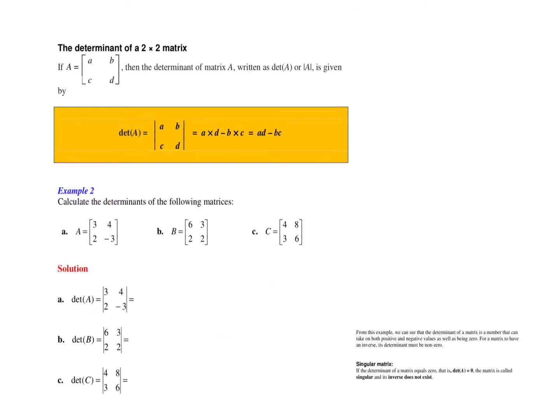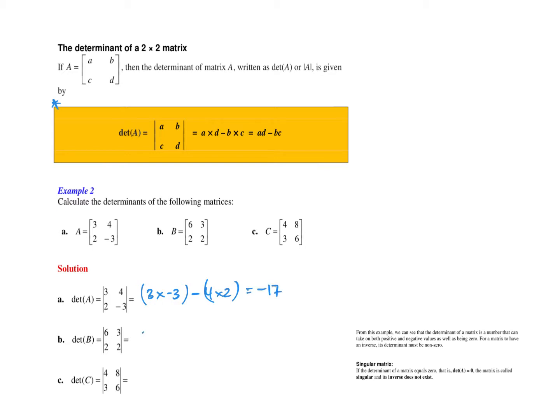Okay, so we've worked out this is our basic rule for the determinant of a 2 by 2. There are a few other examples to work out. The determinant of this first matrix is 3 times -3 minus 4 times 2. That's -9 minus 8, so -17.